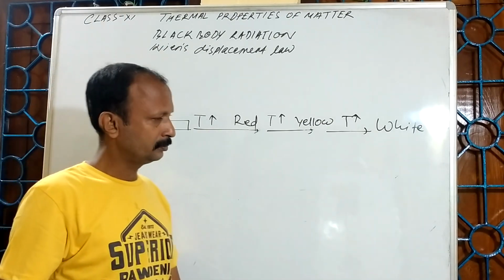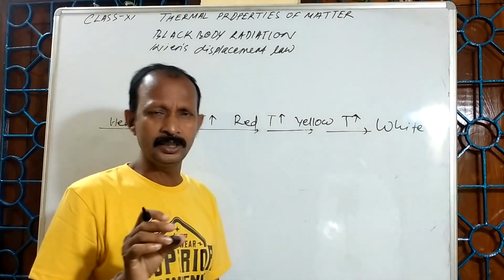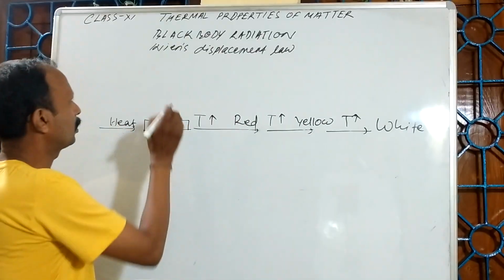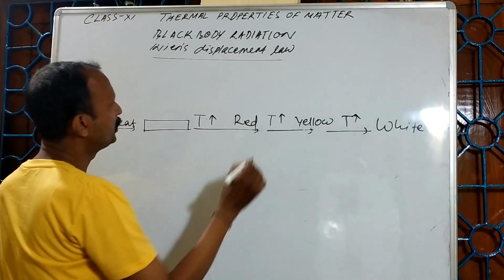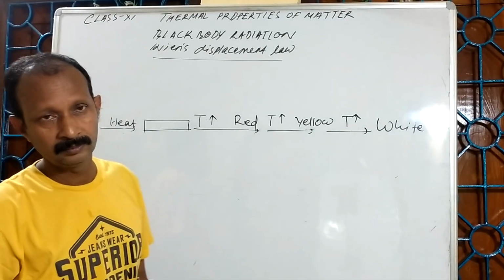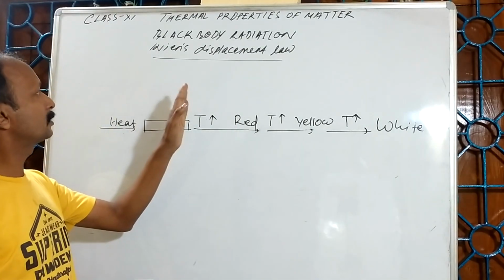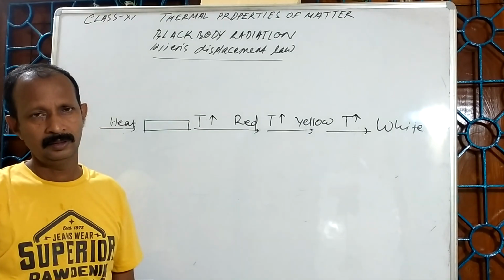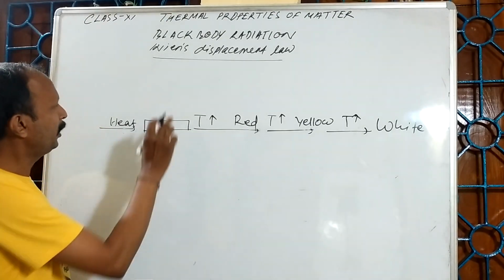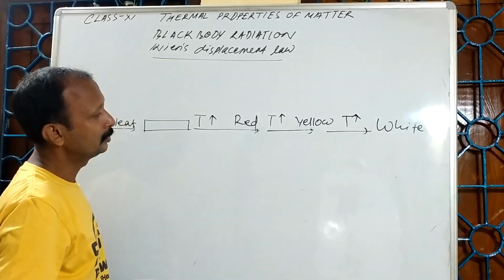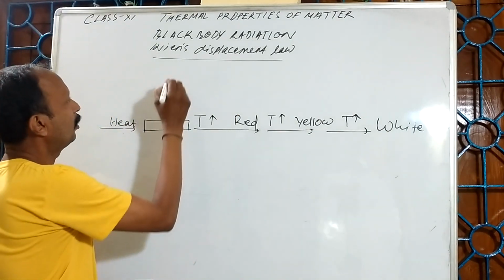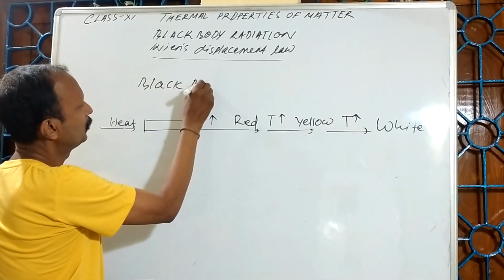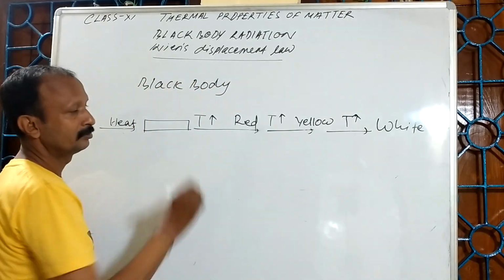To understand the reason behind the change of color, we have to learn Wien's displacement law. But this Wien's displacement law is associated with the black body.